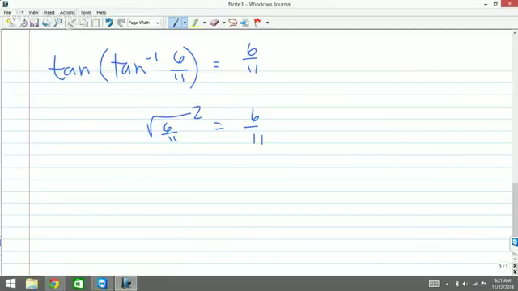Okay. You might run into something like this, though. Cosine. In which case you have to employ your calculator skills.